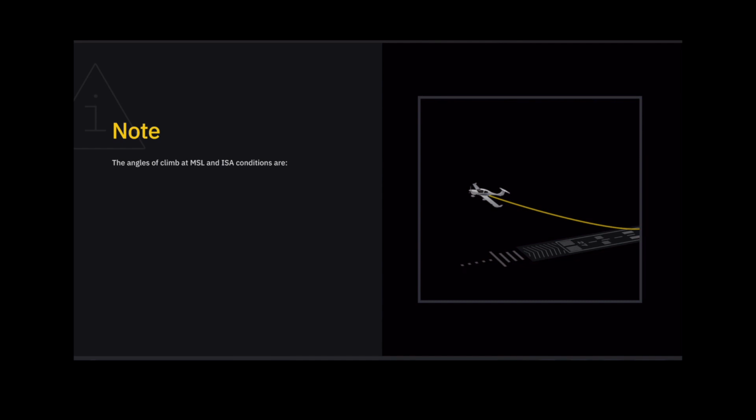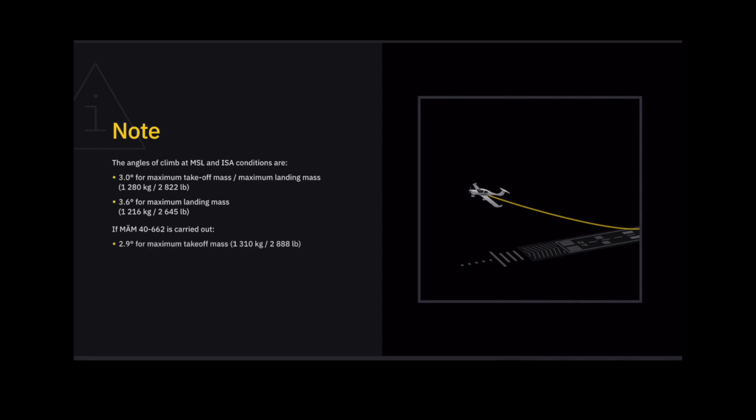Note: the angles of climb at mean sea level and indicated airspeed conditions are 3.0 degrees for maximum takeoff mass or maximum landing mass of 1,280 kilograms, and 3.6 degrees for maximum landing mass of 1,216 kilograms. If mandatory design change advisory 40662 is carried out, the angle of climb is 2.9 degrees for maximum takeoff mass of 1,310 kilograms.